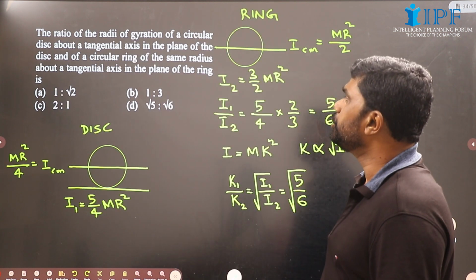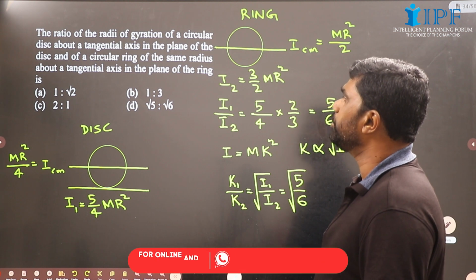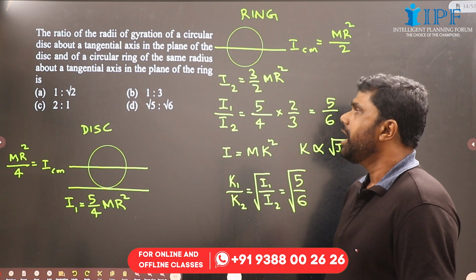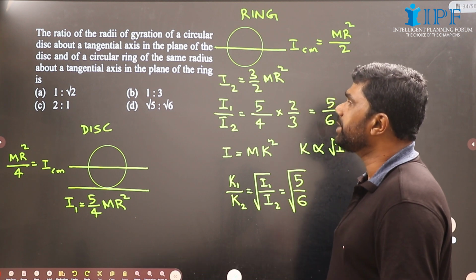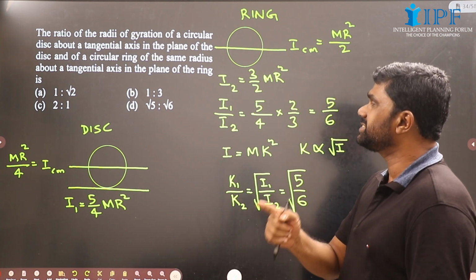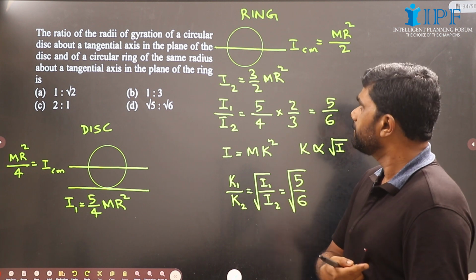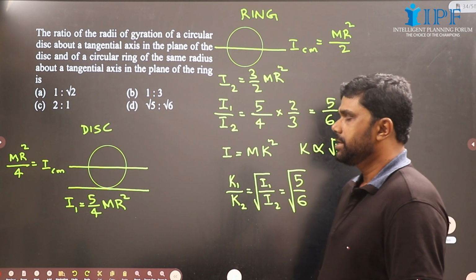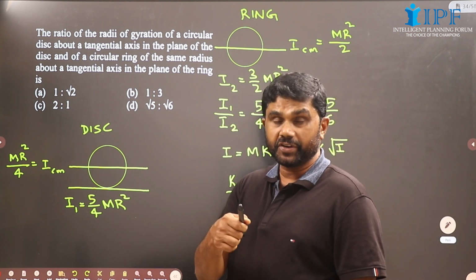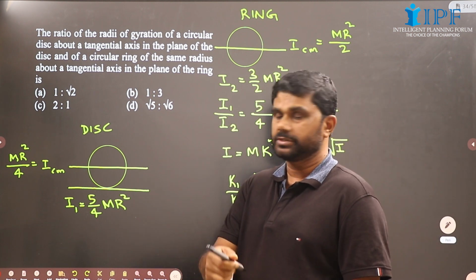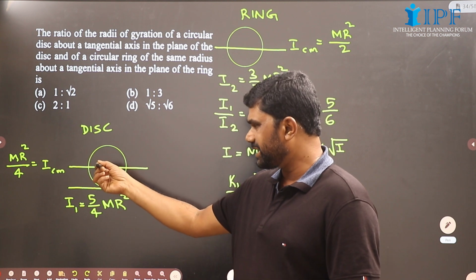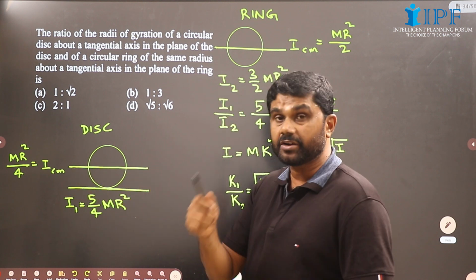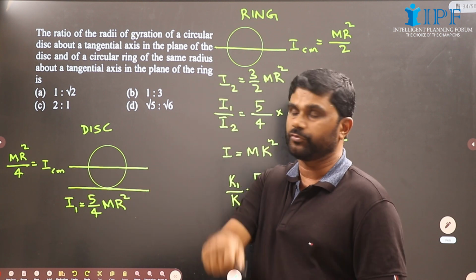The ratio of the radii of gyration of a circular disc about a tangential axis in the plane of the disc and of a circular ring of the same radius about a tangential axis in the plane of the ring. Now see, this is a disc. The moment of inertia about the central axis is m r square by 2. Then the moment of inertia about the diameter will be half of it, m r square by 4.